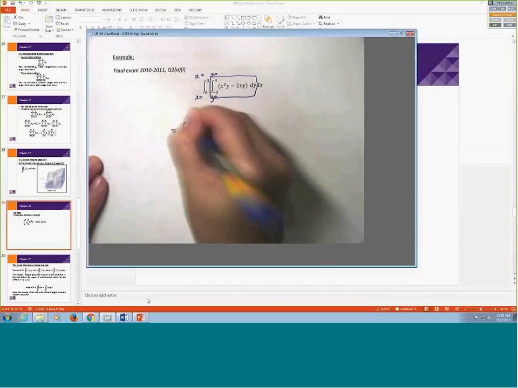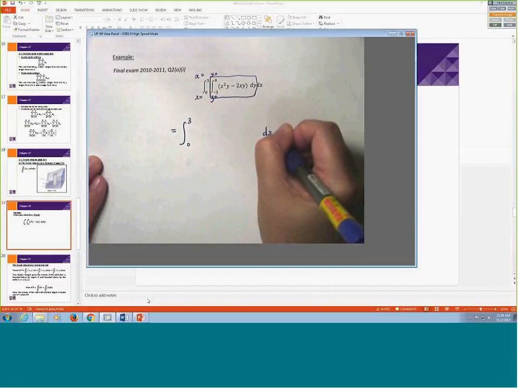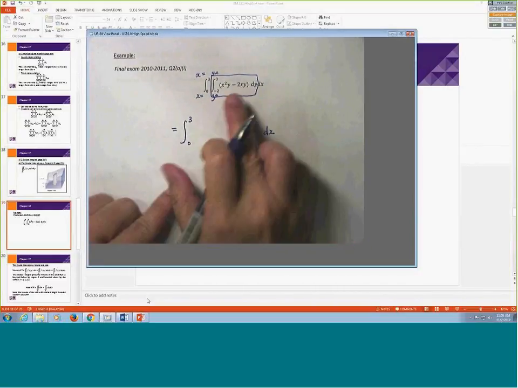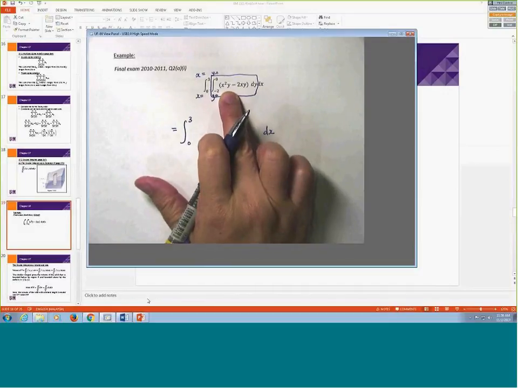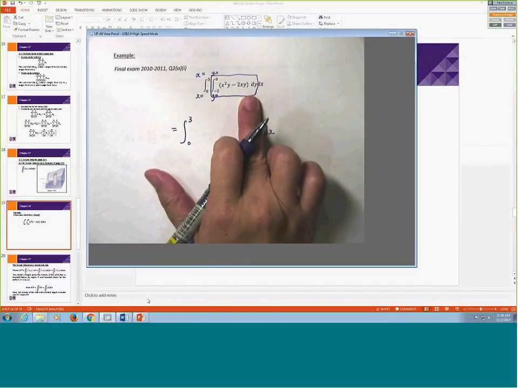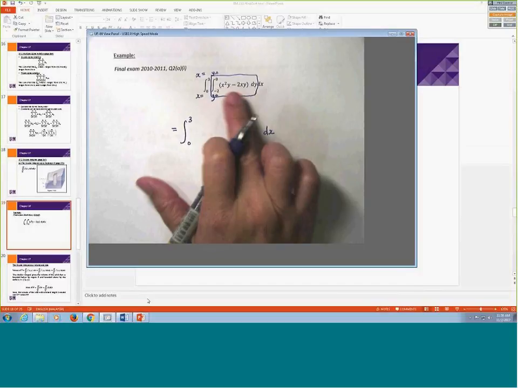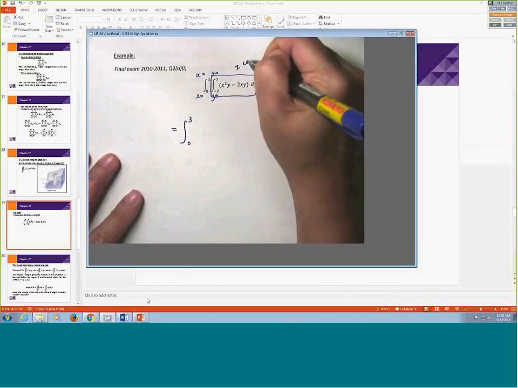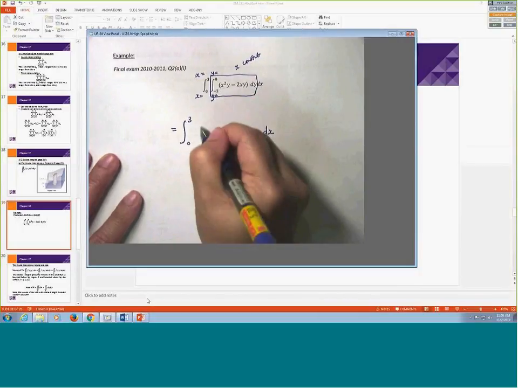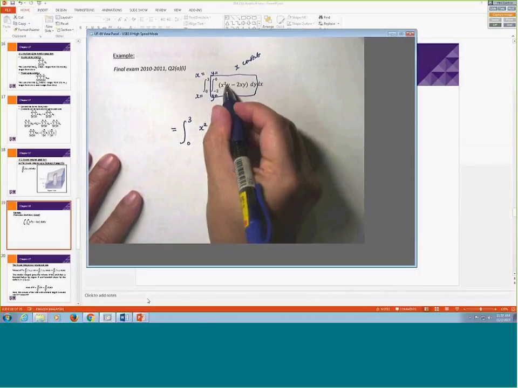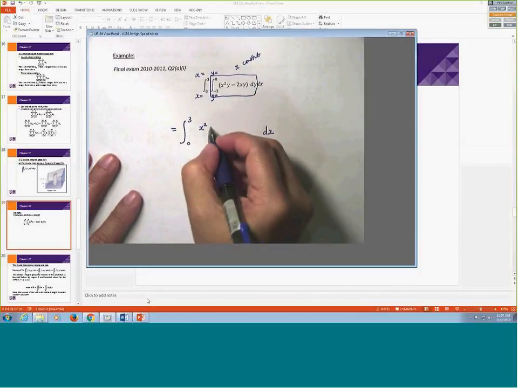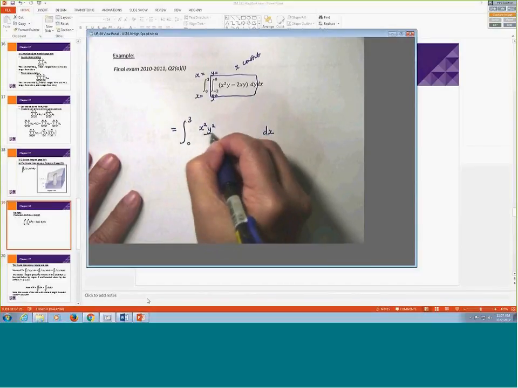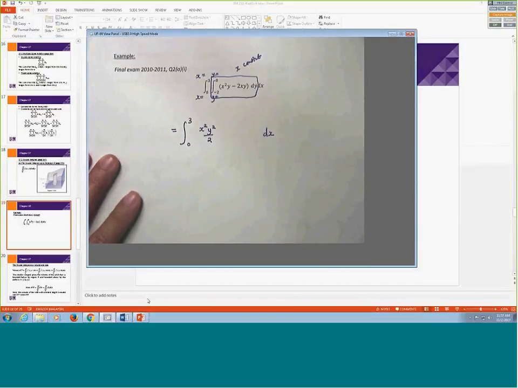Now we integrate these functions with respect to y. When integrating with y, assume x is constant. So x squared is a constant. Integrate y, we get y squared over 2. Minus 2x, like a constant.